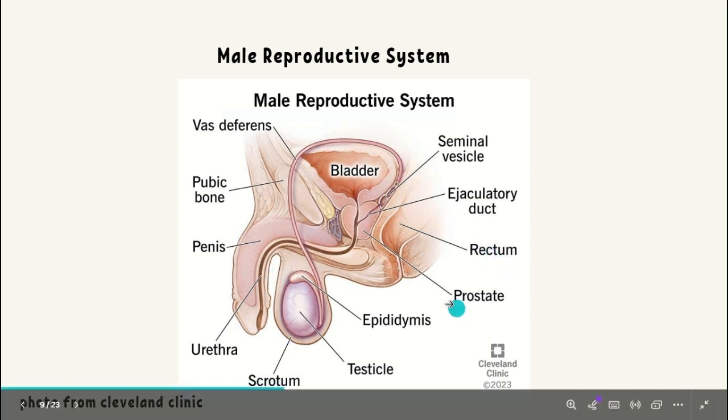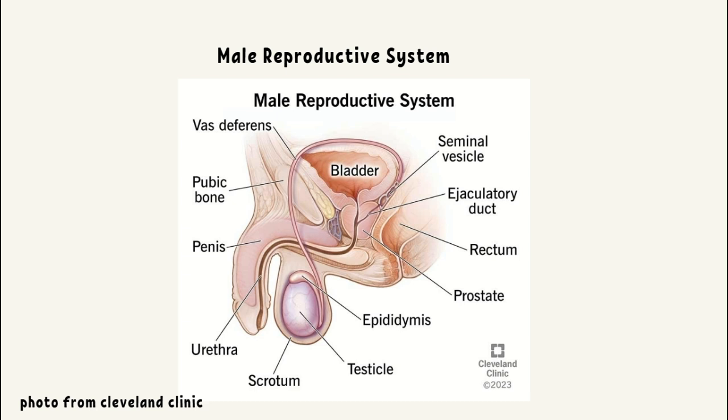and let's talk about the prostate. Basically, it's a walnut-shaped gland that surrounds the urethra and adds fluid to the semen. So that's really what it does. We know that the seminal vesicle is what's going to make up the semen, and the prostate adds fluid to the semen right here.